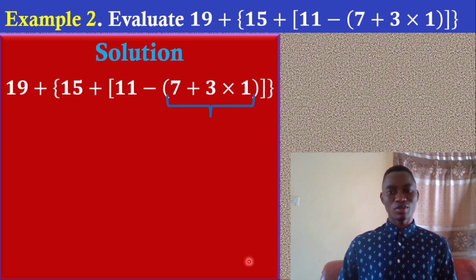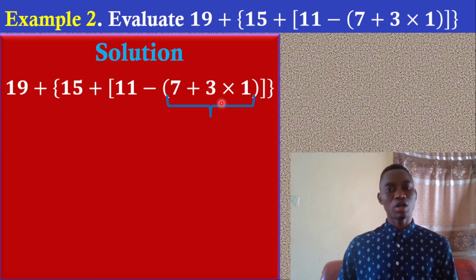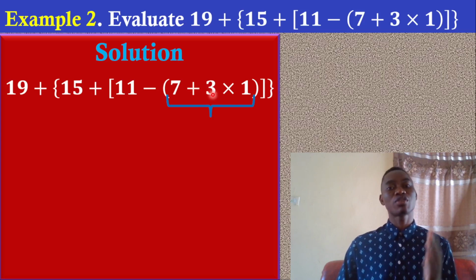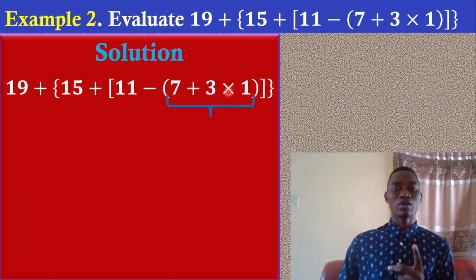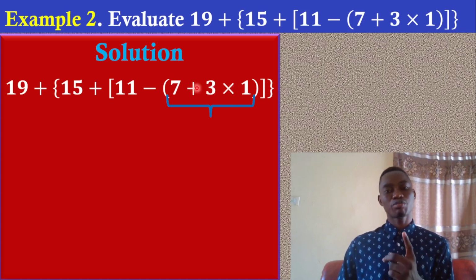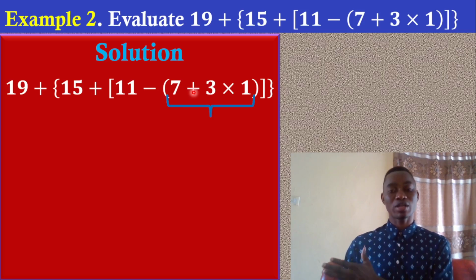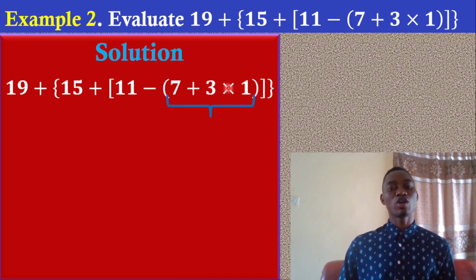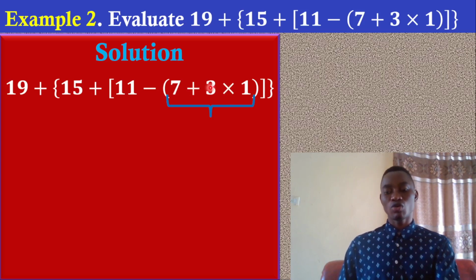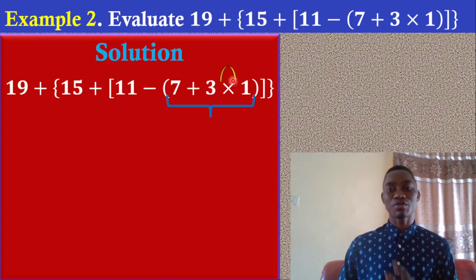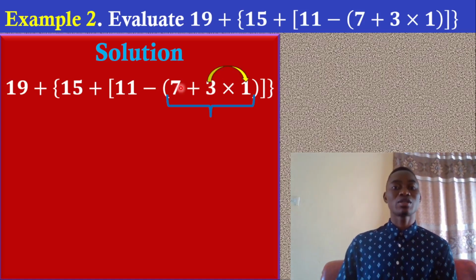In this innermost bracket, we have 7 plus 3 times 1, and this plus is coming last. In BODMAS we are to perform multiplication before addition. So we are going to have 3 times 1 first, then we'll add our answer to 7.